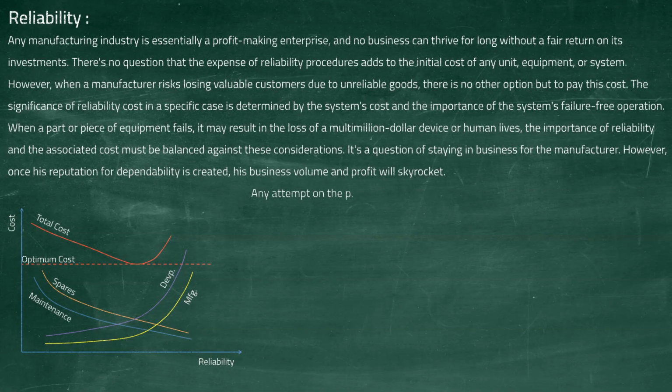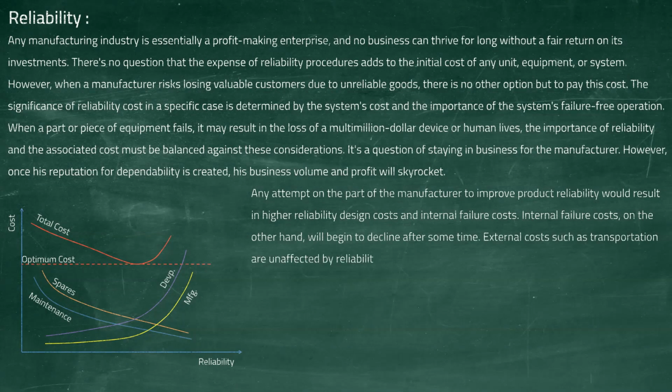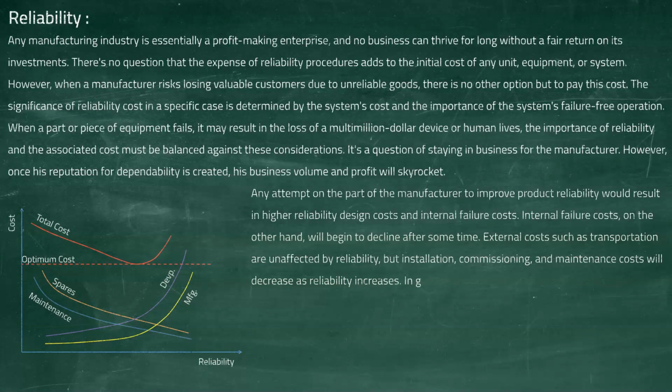Any attempt on the part of the manufacturer to improve product reliability would result in higher reliability design costs and internal failure costs. Internal failure costs, on the other hand, will begin to decline after some time. External costs such as transportation are unaffected by reliability, but installation, commissioning, and maintenance costs will decrease as reliability increases.